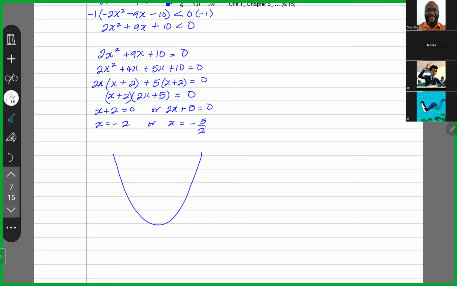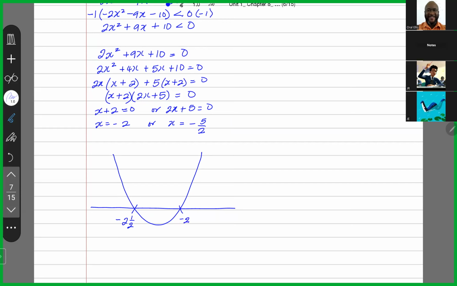Let's get a better looking parabola. This would be my x-axis. And the x-intercepts are minus 2.5, which is minus 5 over 2, and minus 2.